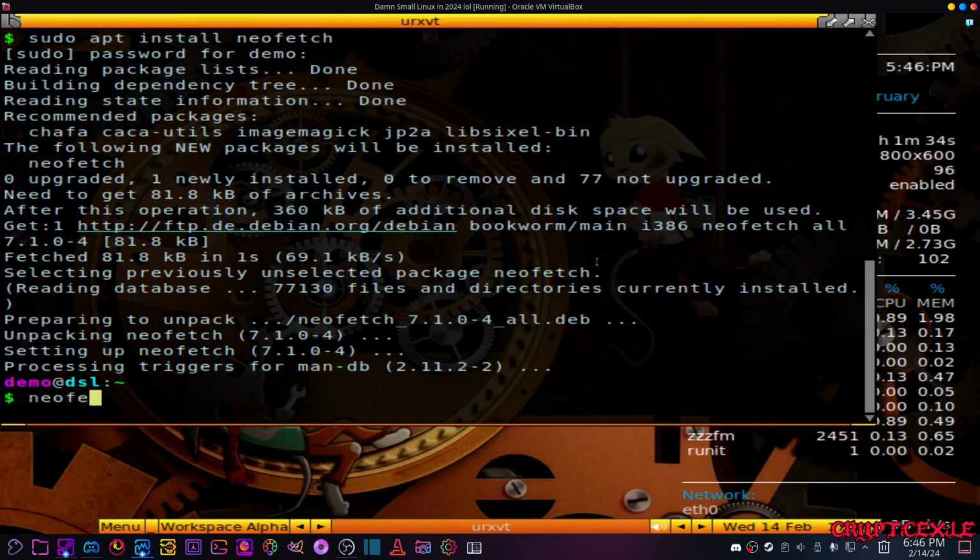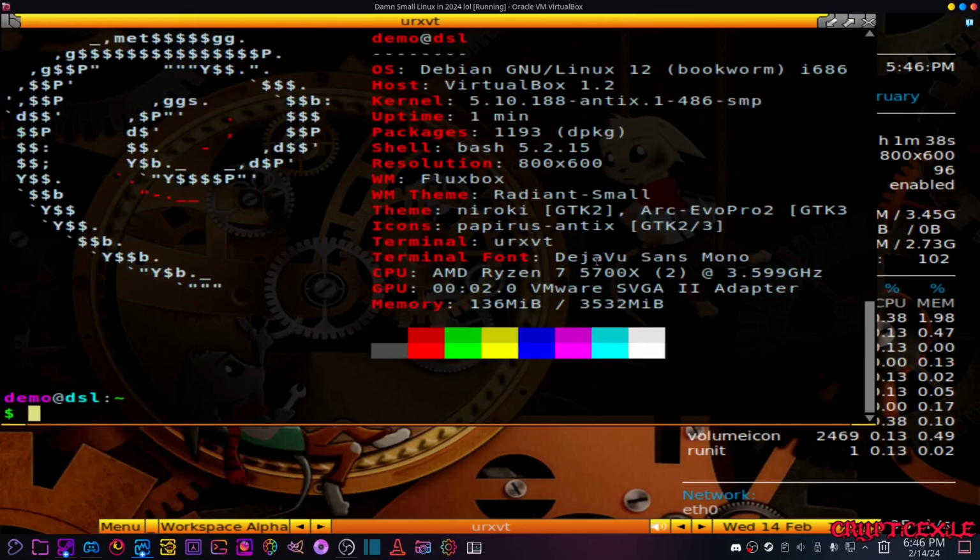So let's try it now. So it is based on Debian Bookworm 12. Debian 12 is using a 32-bit system. That explains probably why it doesn't use UEFI. So this is basically made for 32-bit systems. Interesting.